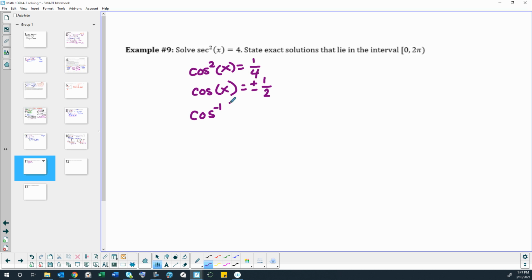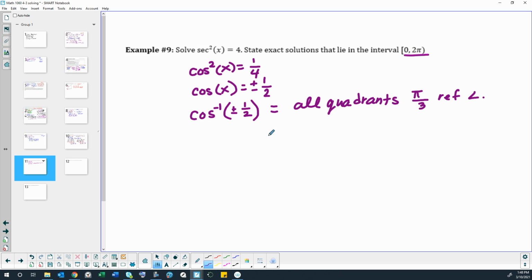So the inverse cosine of plus or minus 1/2 means it could be in all 4 quadrants, positive or negative, and it's going to be a pi over 3 reference angle, right?